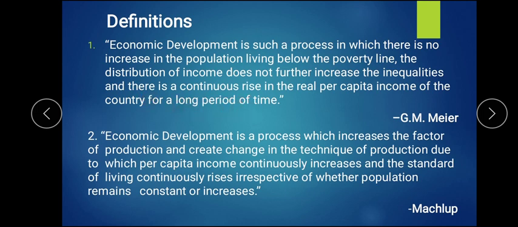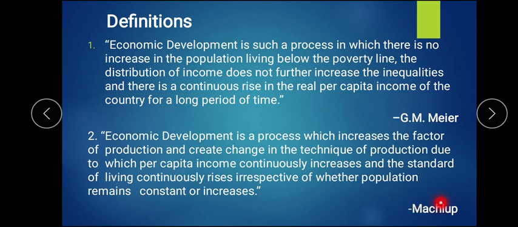So over a long period, if per capita income is increasing without an increase in the population living in poverty and without income inequalities, this situation gives rise to economic development according to Meier.